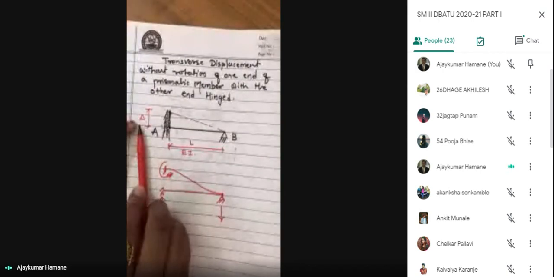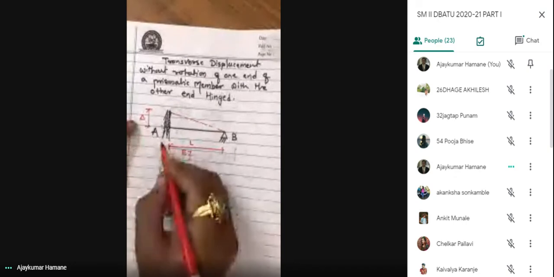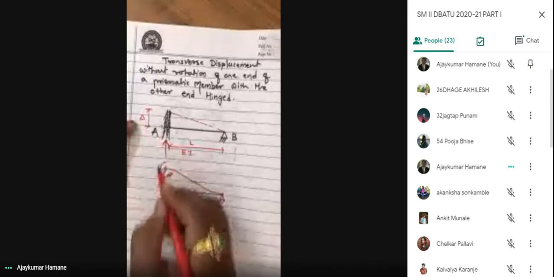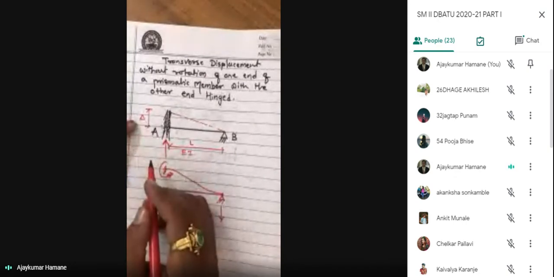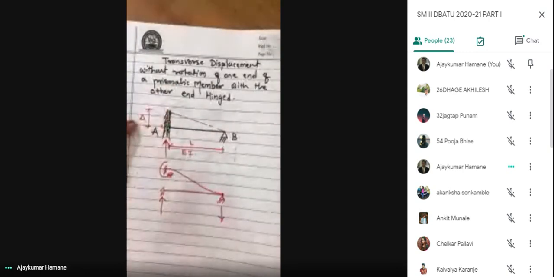Here is a displacement. So we require force to have the displacement. So I have applied the force. Correct. So that gives us this displacement.